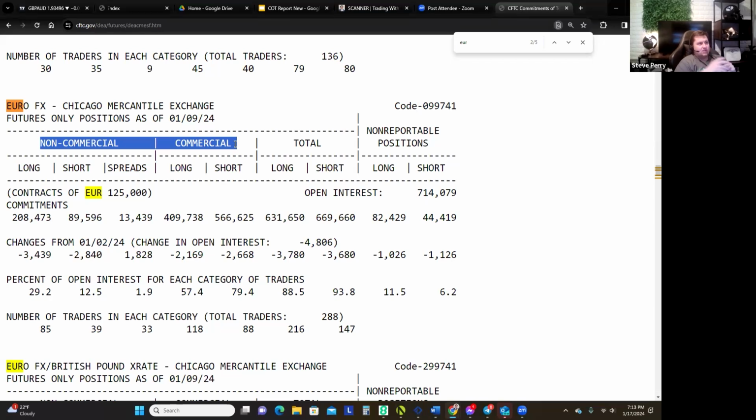Then from Tuesday to Friday, the CFTC compiles the COT report data and releases it Friday at 4 p.m. Eastern to the general public. So you're really looking at data as of that date.